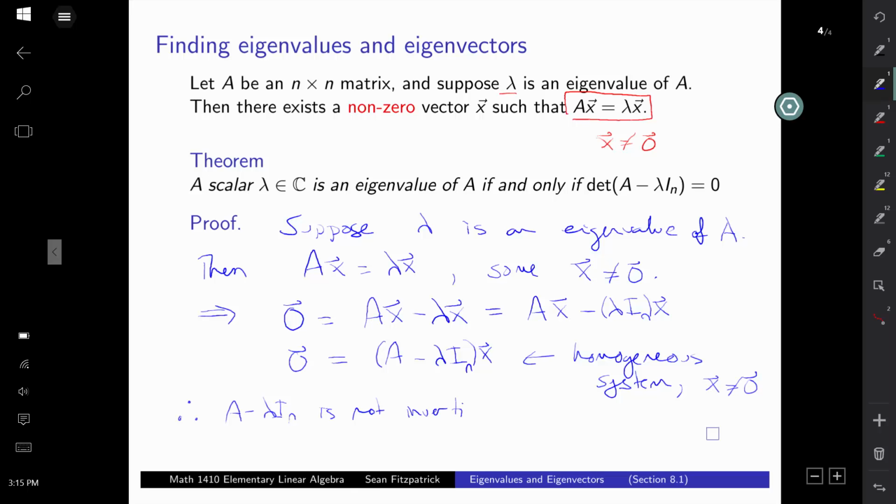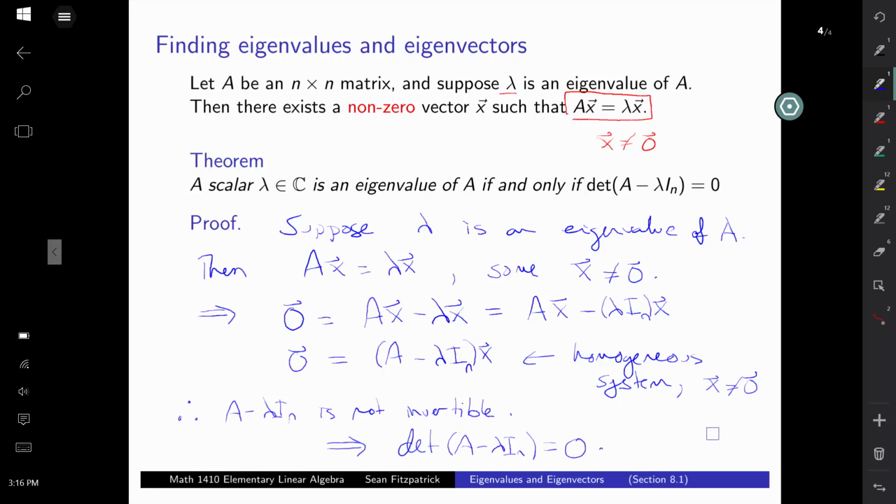Our invertible matrix theorem tells us that the only way we can have non-zero solutions to this homogeneous system is if this matrix does not have an inverse. And one of the other things we know is that the only way a matrix fails to be invertible is if its determinant is 0. So the determinant must be equal to 0.